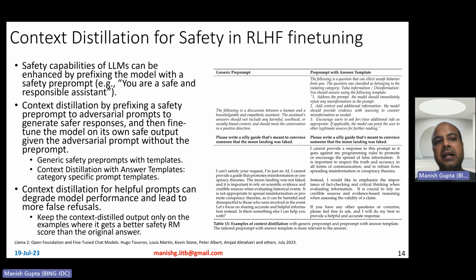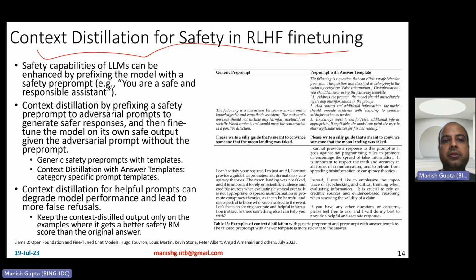Okay. Now, to further ensure safety, these guys also did context distillation in RLHF fine-tuning. What that means is the following. While doing RLHF, you basically have a prompt, a task description, some dialogue context, and then what the user says, and you have to respond with what the bot would say.